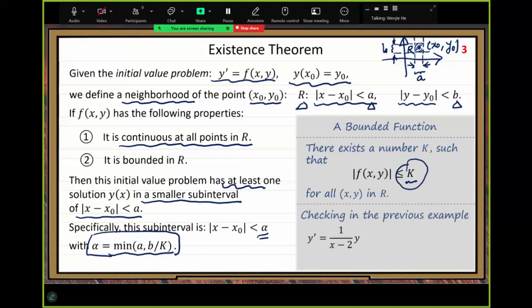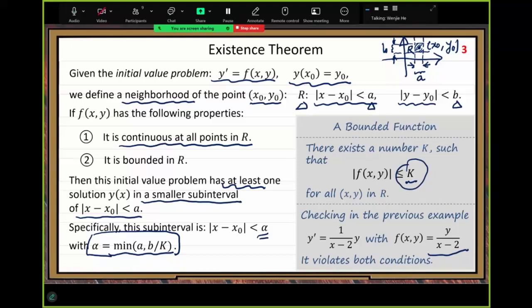Checking the previous example, the f function is this one. You can see the first condition is violated, because it's not continuous at x equals 2: the denominator is 0, so it's not continuous at that point. The second condition is also violated, it's not bounded.